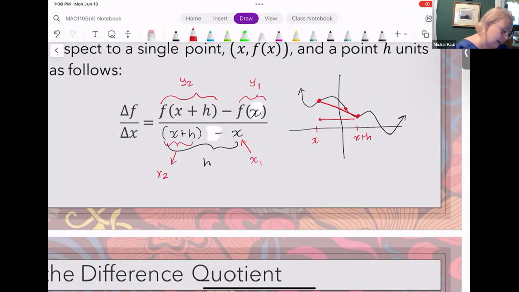You just are taking here, this is my x comma f of x point, and this is my x plus h comma f of x plus h point. So this is my x2, y2, and my x1, y1. All right, so it's still slope. There's nothing different. It's just another way to look at it and another way to write it, and the algebra is a little more intense, okay?